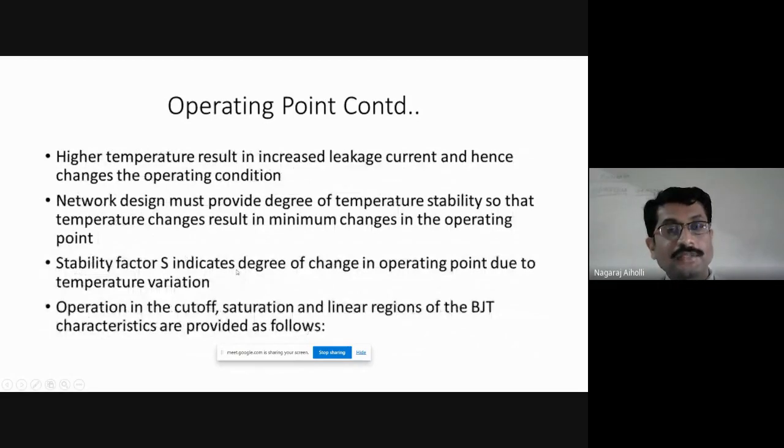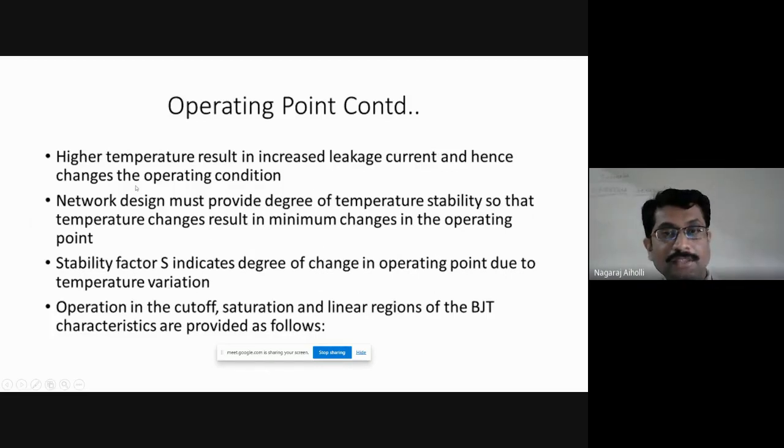Sometimes what will happen, students, if the temperature changes, the leakage current will also increase, and the current gain, that is beta, will also be affected because of the rise in temperature. Here there comes a term called the stability factor. Stability factor means how much is the change in the operating point due to change in temperature. The network design must provide proper temperature stability so that temperature changes result in minimum change in the operating point.